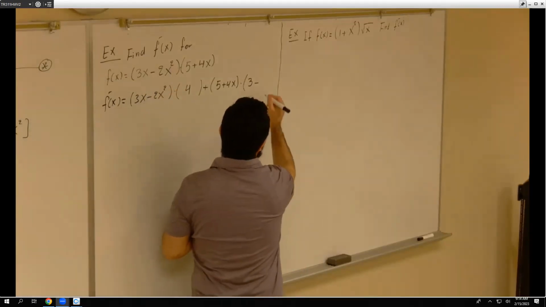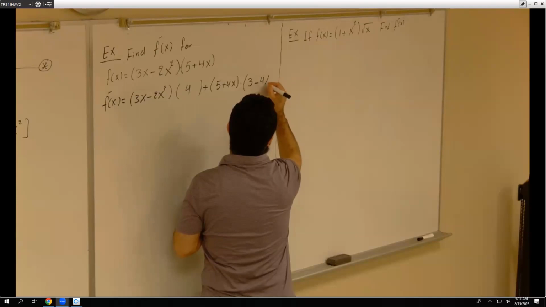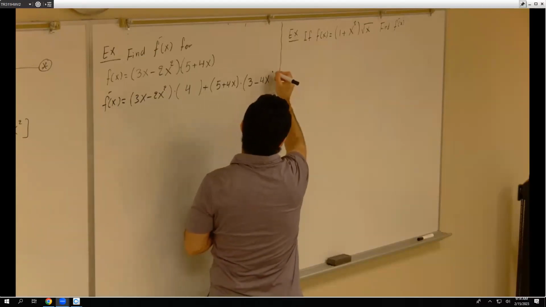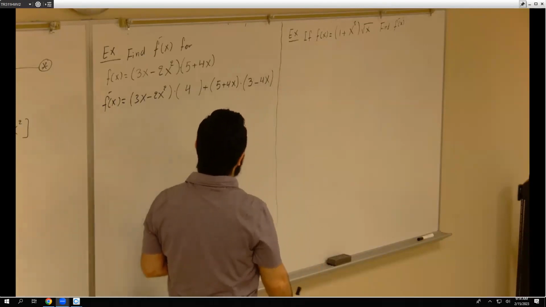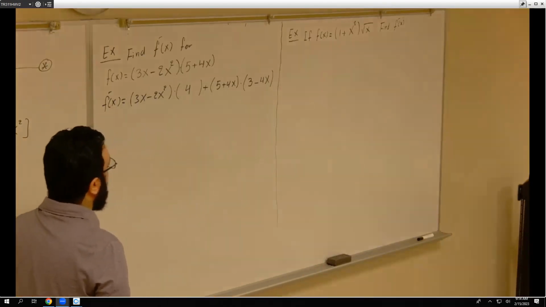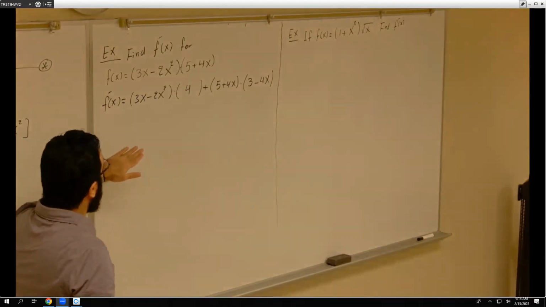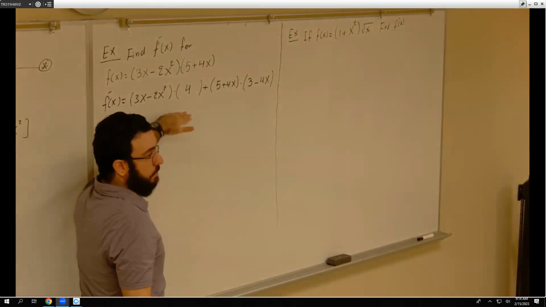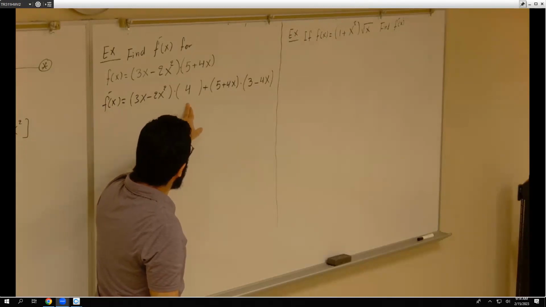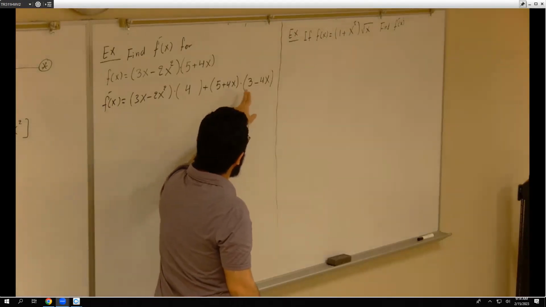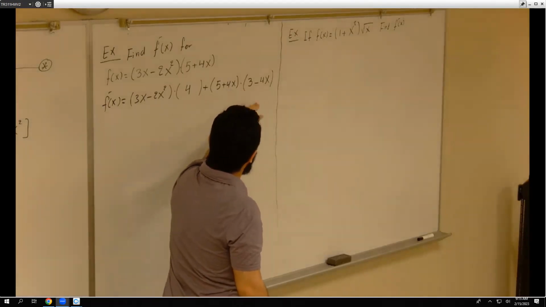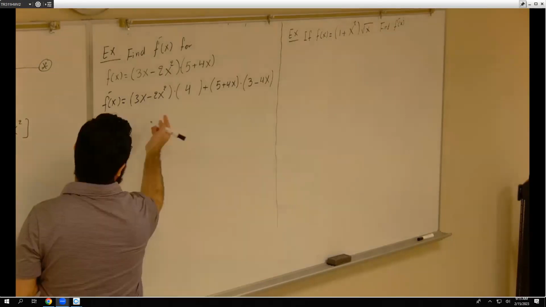That means minus 4 times x, 2 minus 1 is going to be 1. Now we just have to simplify. This is the product rule. This is the first one times the derivative for the second one plus the second one times the derivative for the first one. Now I just have to simplify it.